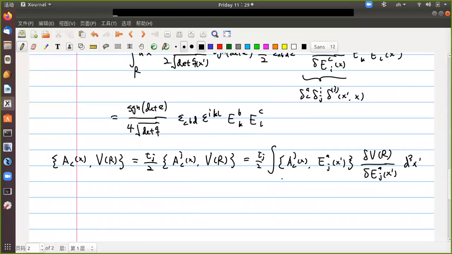Okay, so now you get just the Poisson bracket between canonical pair, and according to our convention, this is minus kappa beta divided by 2 delta. So this is better. So sorry, in my note I use I here, and this is I, this is J. Right?